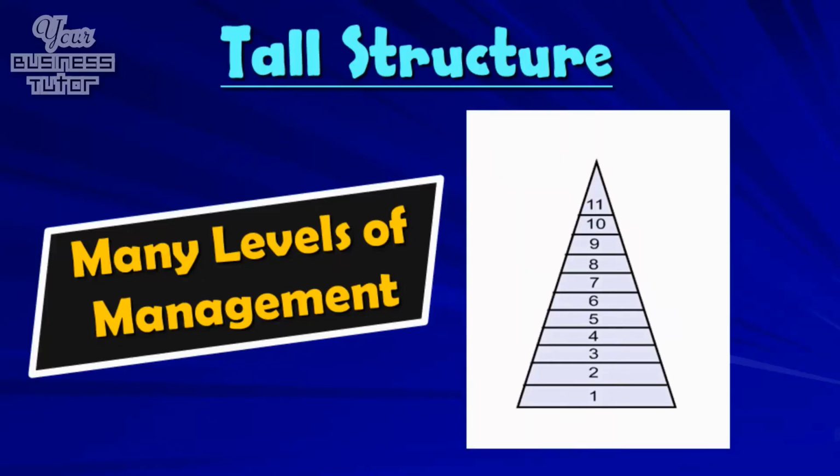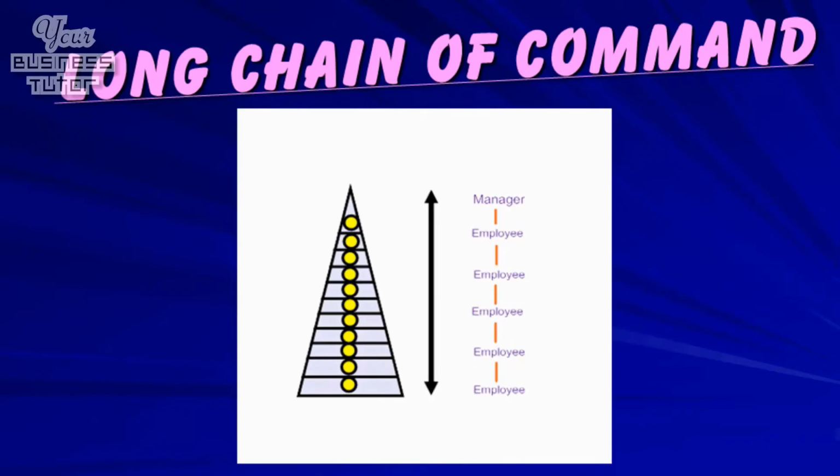For example, in the diagram shown, there are 11 levels of management. Because there are many levels of management, it means this type of structure has a long chain of command. In other words, there are many levels through which instructions and information must pass. This is an interesting point, and one we will come back to later.